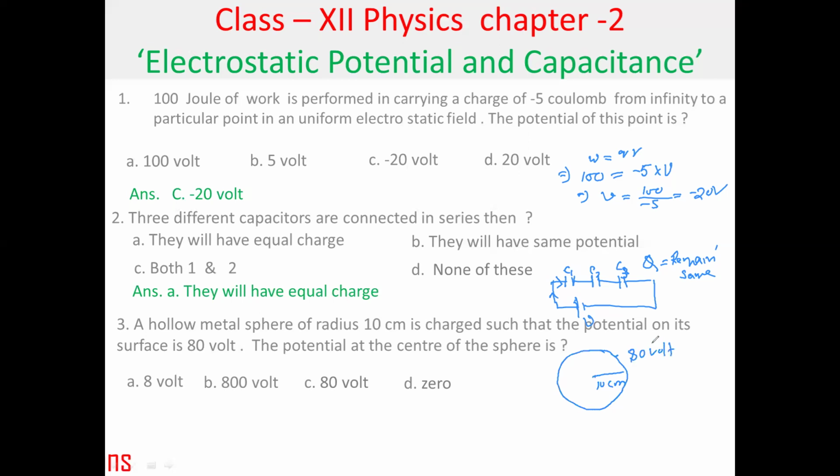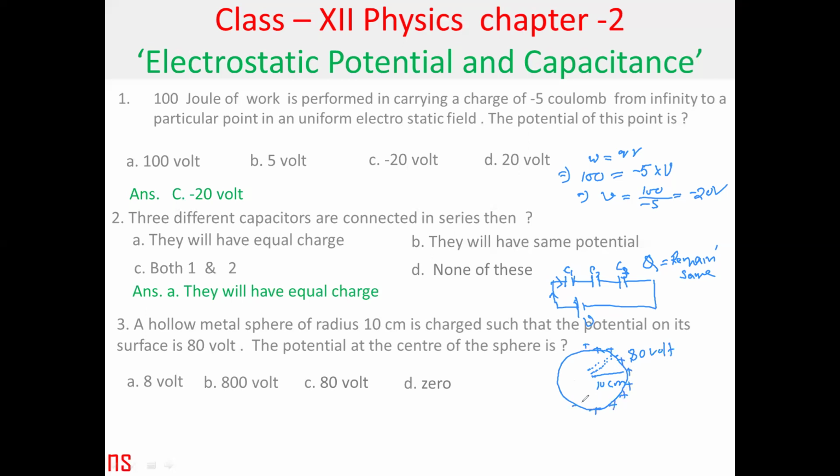Now the potential at the center of the sphere is, see, as it is a hollow sphere. So in case of a hollow sphere, you see the voltage, if you go inside, there is no electric field, but voltage always remains same. Whatever any hollow sphere, metal sphere, the charges will lie on the surface.